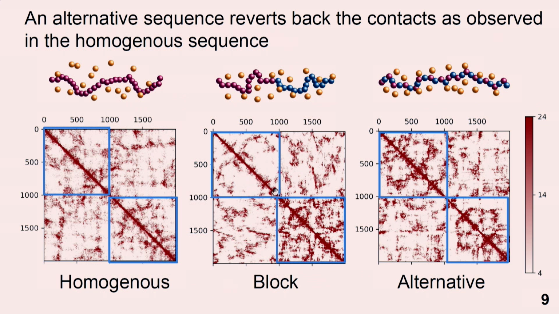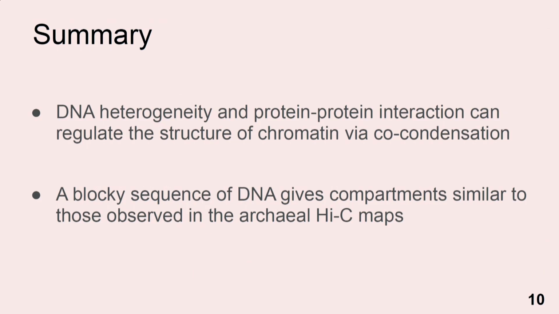And this difference goes away again if I make it alternating. So that's the summary of what I have been doing so far: if you have a heterogeneous DNA sequence and protein-protein interaction, you can get various structures of chromatin. And if you take a blocky sequence, that gives compartments somewhat similar to what you see in Hi-C in archaea.